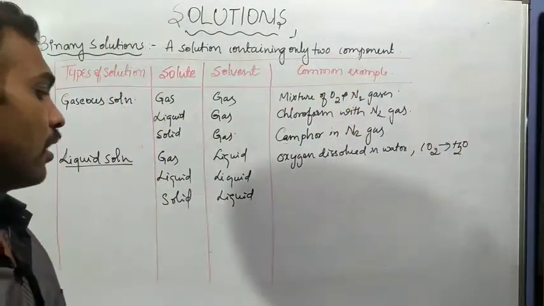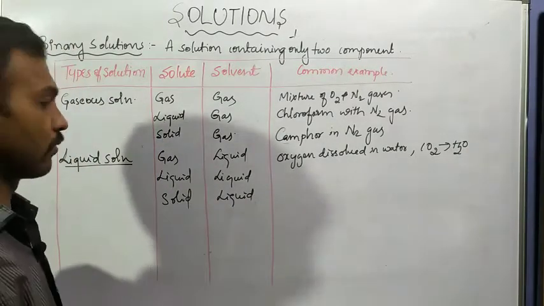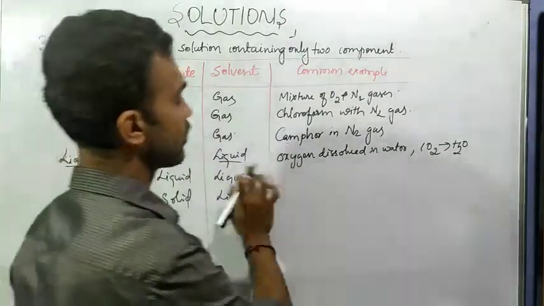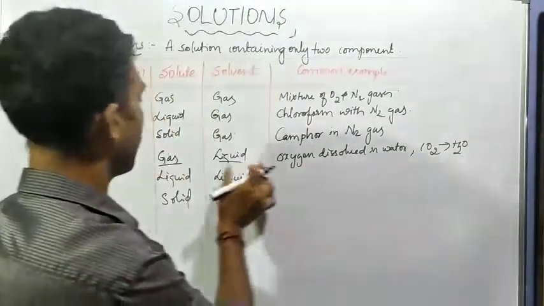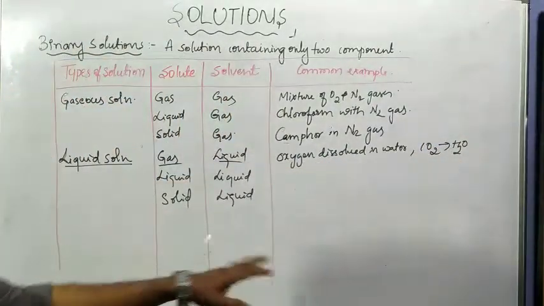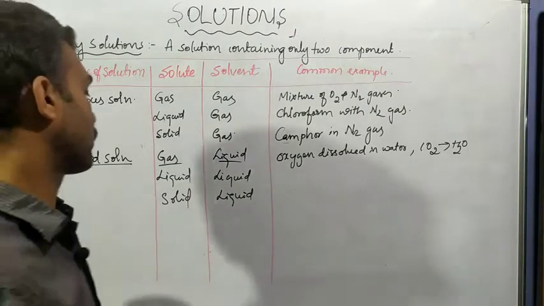This is an example for what? Liquid solution. Oxygen is a gas and carbon dioxide is a gas, which is dissolved in water. Water is a liquid. Hence the solution we are getting here is in liquid phase, so it is an example for the liquid solution.